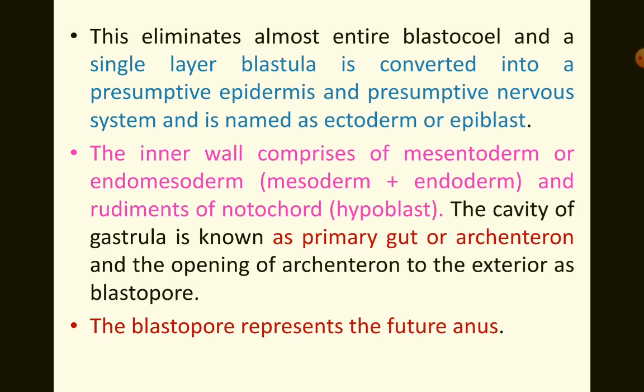The cavity of this gastrula is known as the primary gut or the archenteron, and the opening of this archenteron to the exterior is called the blastopore. It is through the blastopore that the archenteron communicates with the outside environment, and this blastopore represents the future anus of the developing embryo.